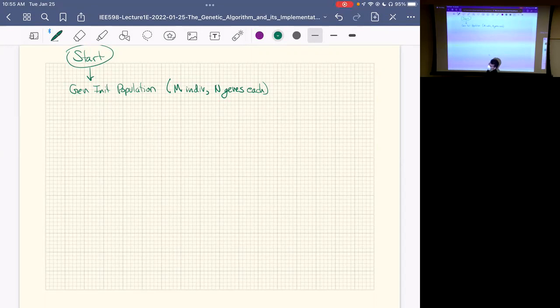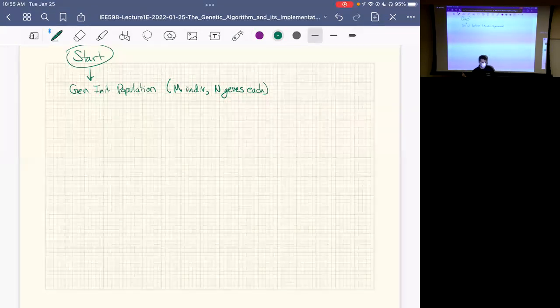If some of your genes are binary, some of them are decimal and all that, then you might have to do things in a little bit more piecewise fashion, but you probably still can do a vector-based operation to say, I'm going to draw all my M gene 1s simultaneously, all my M gene 2s simultaneously, and so on.